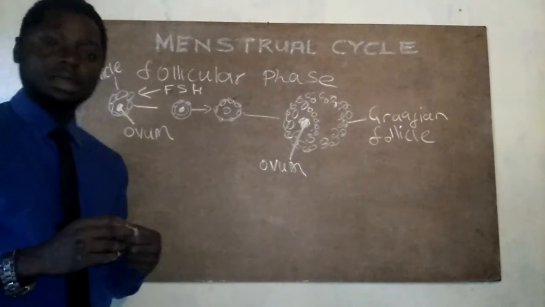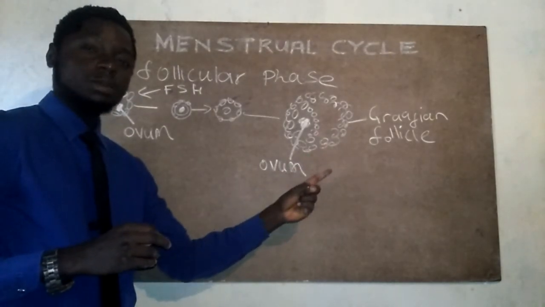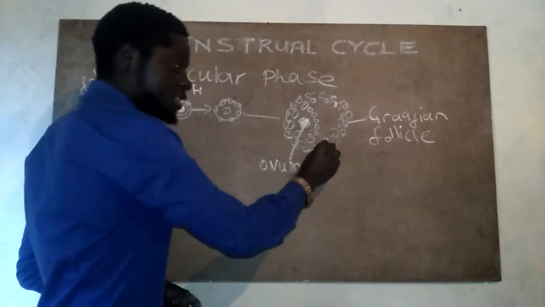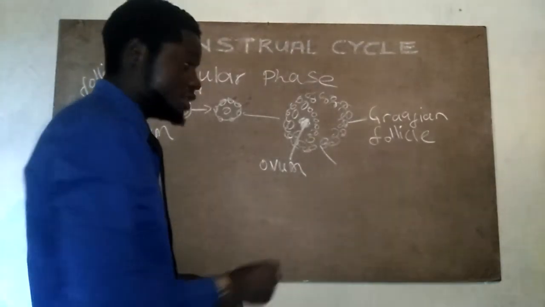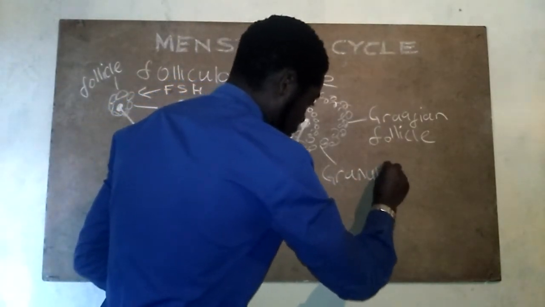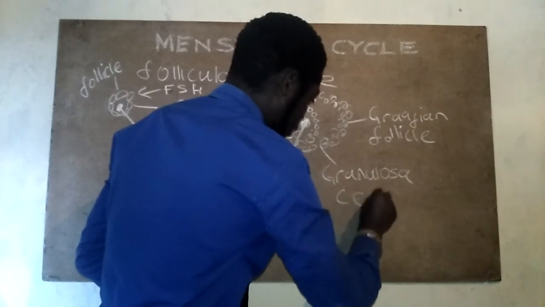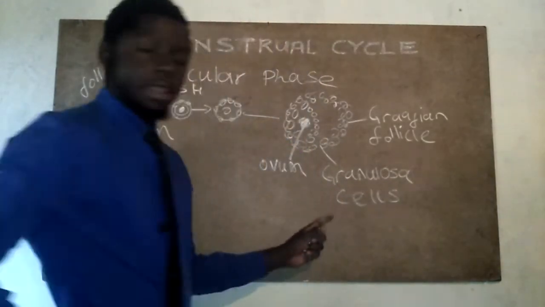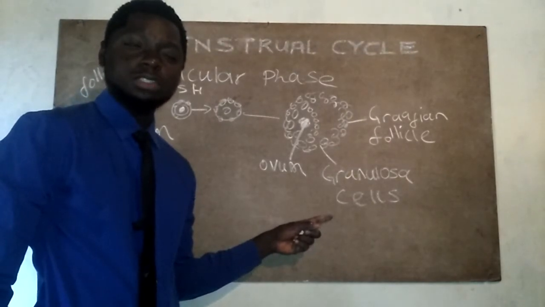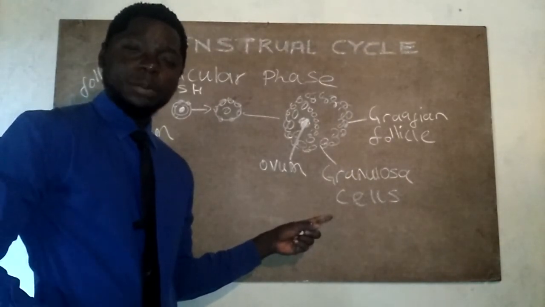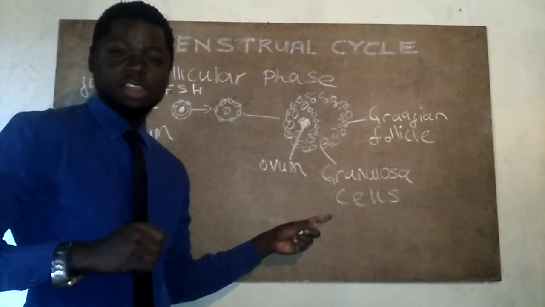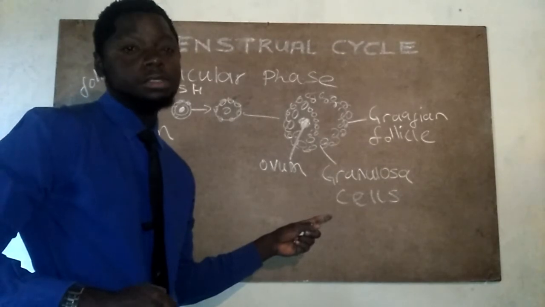Only the dominant follicle is going to be producing a large amount of estrogen, because these Graafian follicles have the granulosa cells, and it is the granulosa cells which produce a large amount of estrogen. That is the most dominant follicle.